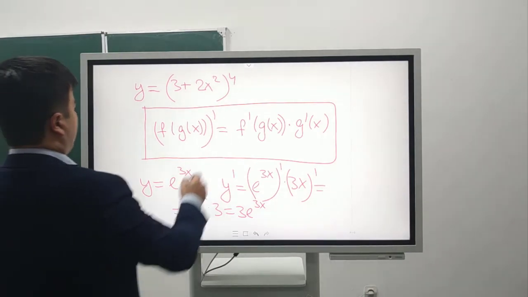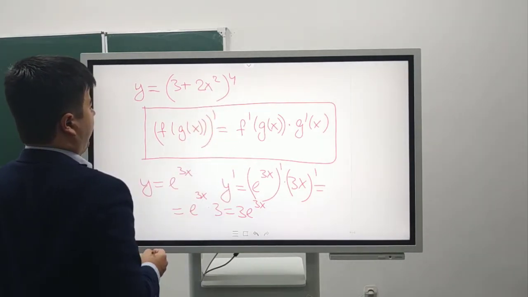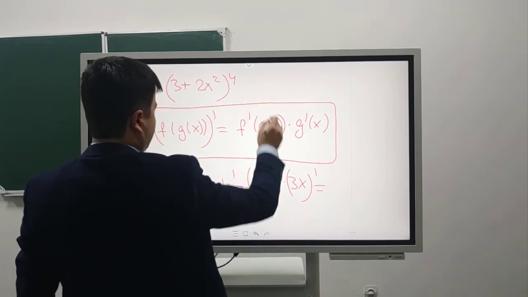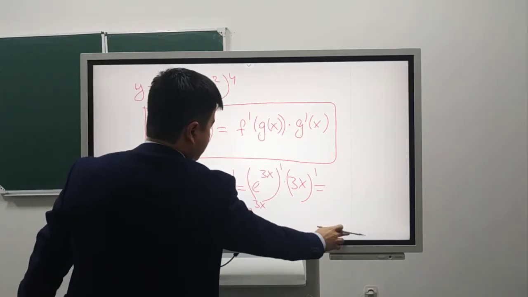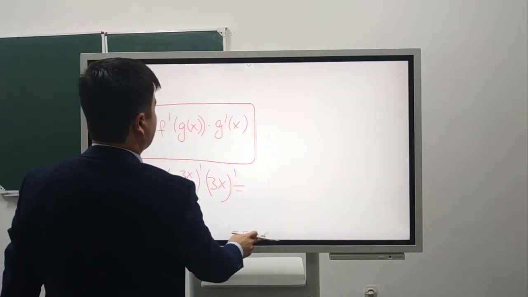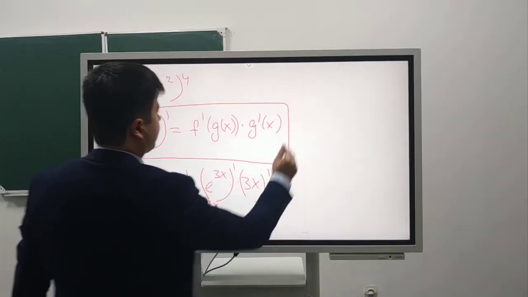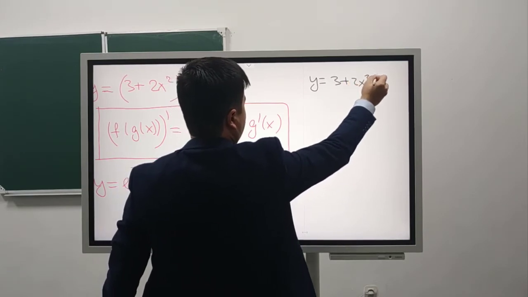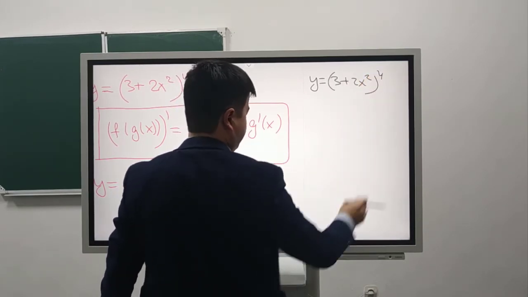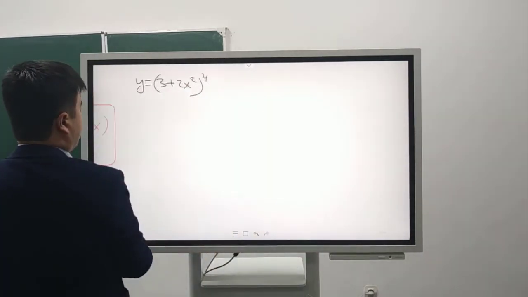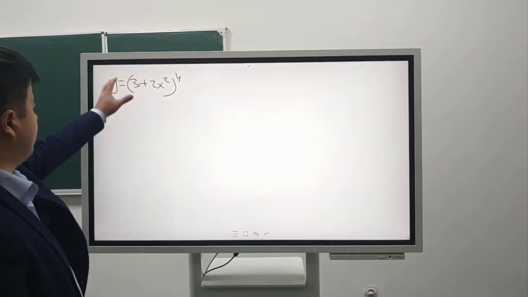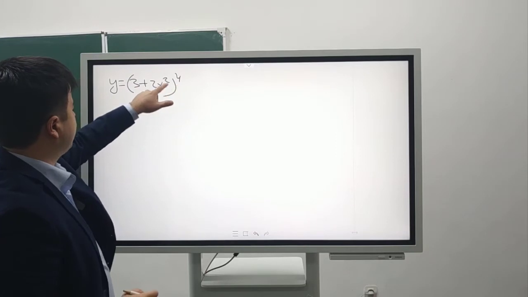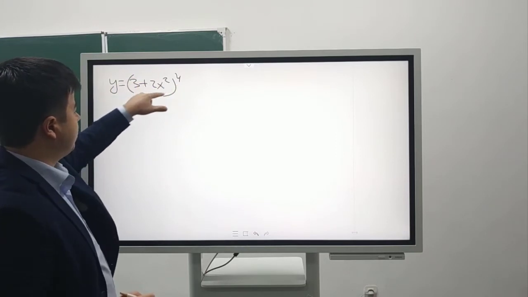If we return to our example, let's write one more time, y equals 3 plus 2x squared, to the fourth degree. Okay, firstly, here we have a power function, and inside we have the next function.